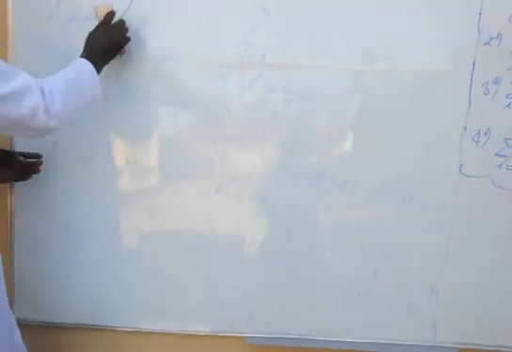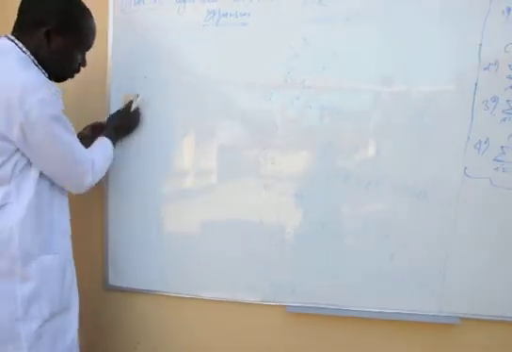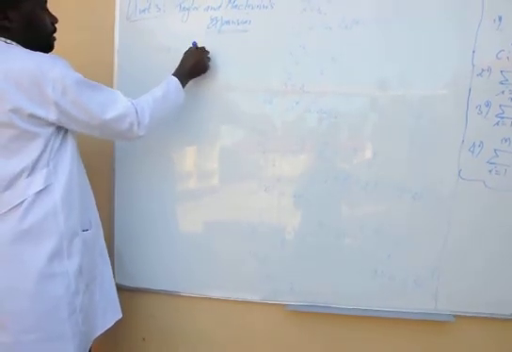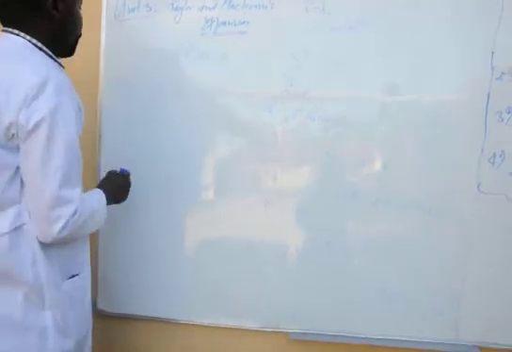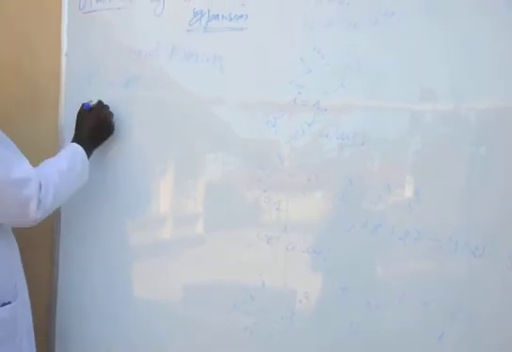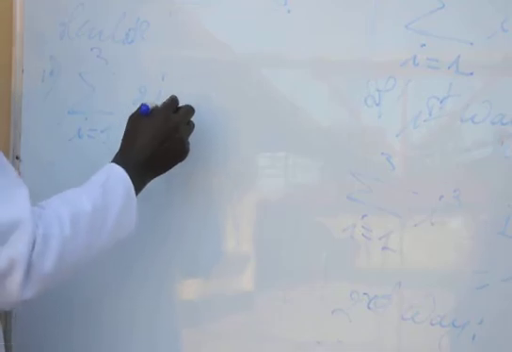Now let us go and try our general exercise on this concept. For example, let's see some general exercises. Take the first. For example, we are asked to calculate the sum of i from 1 up to 3 of 2i plus 1.